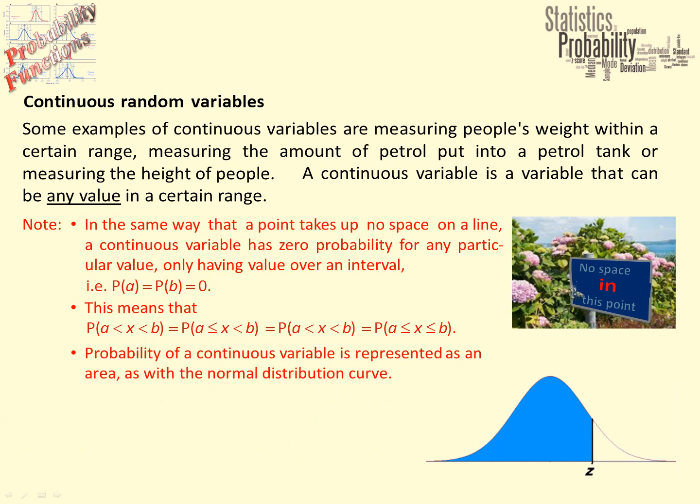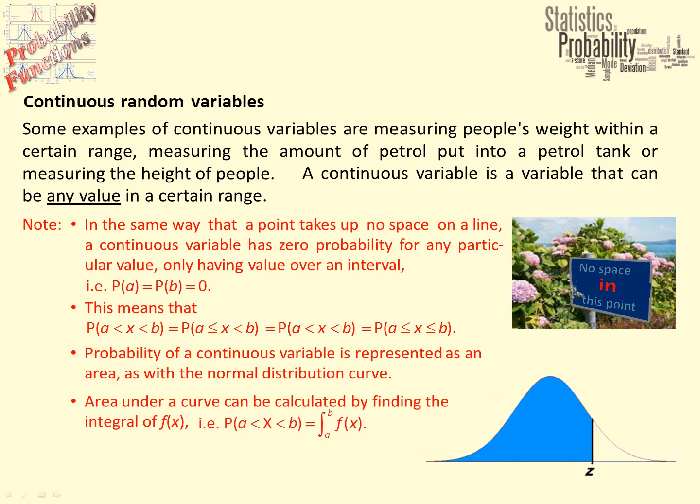The probability of this continuous random variable is represented as an area under the normal distribution curve. Now this is the standard normal distribution curve, which has an area of 1. Area under the curve can be calculated by using integral calculus: the definite integral from a to b of f of x dx.